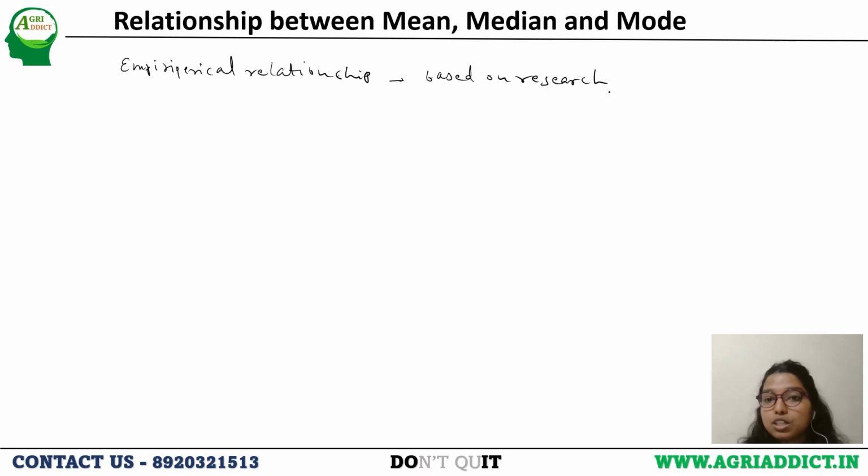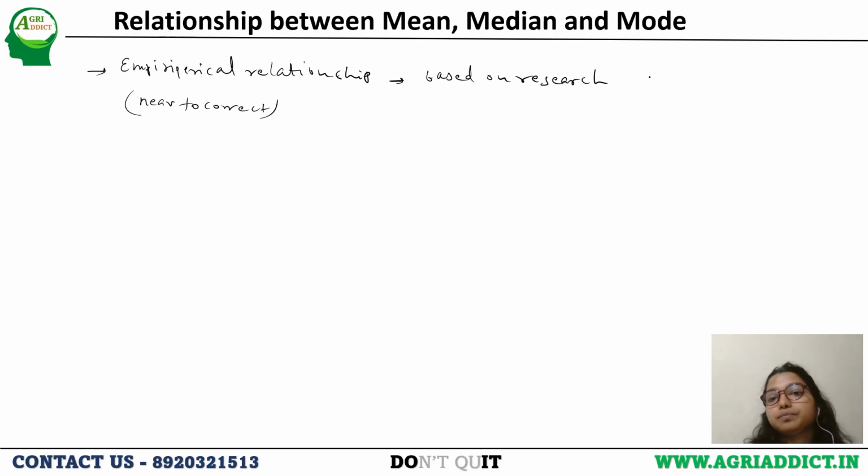Scientists have done a lot of research on it and then got a relationship between mean, median, and mode. So it is not a mathematical relationship; it is an empirical relationship. We can say that it is near to correct.